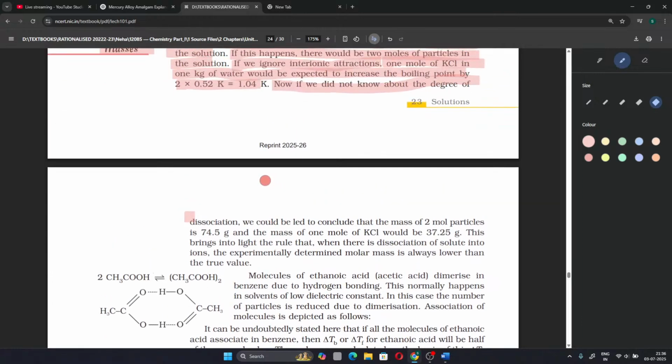Now, in case of KCl, we know that it's a strong electrolyte. There is a 100% dissociation rate. So we can easily know we'll get 2 moles of solute when we dissolve KCl.